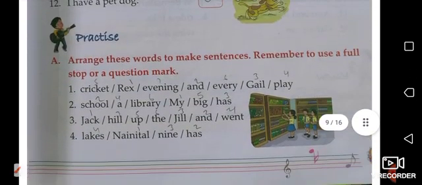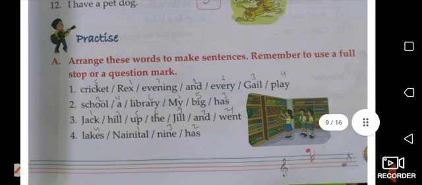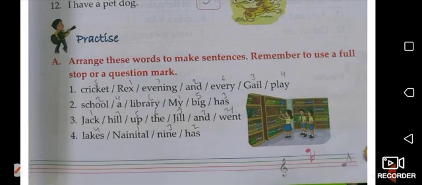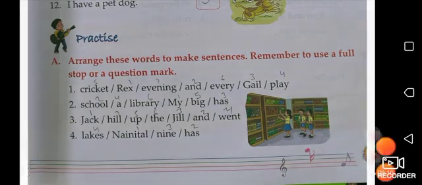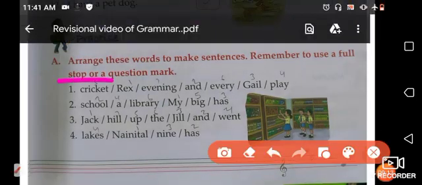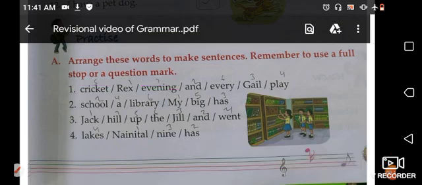Now let's move on to the next one. This is your practice time, so you have to practice. Arrange these words to make sentences. Remember to use a full stop or a question mark. If the sentence is affirmative, if it states something or is saying something, then you have to use a full stop.